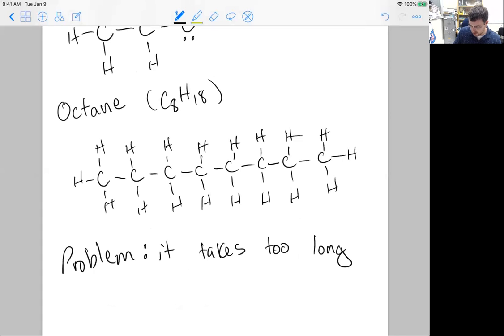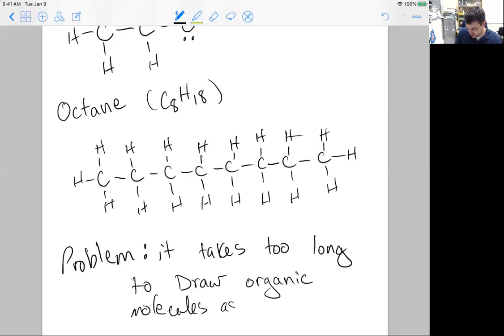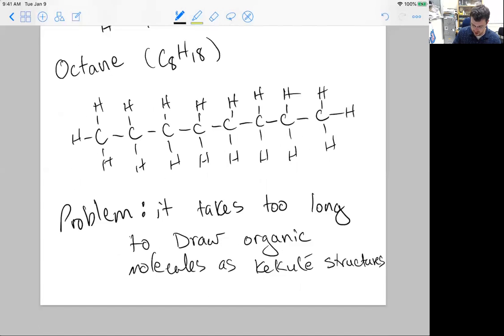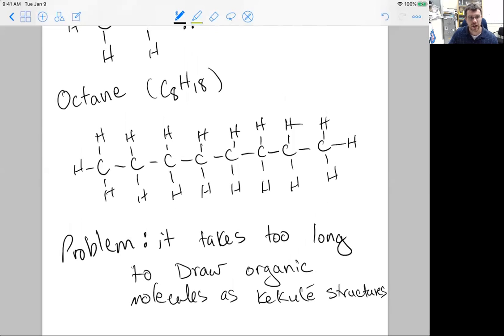It takes too long to draw organic molecules as Kekulé structures. Okay, so let's introduce a new form of bonding, and it's really the best and the fastest way.